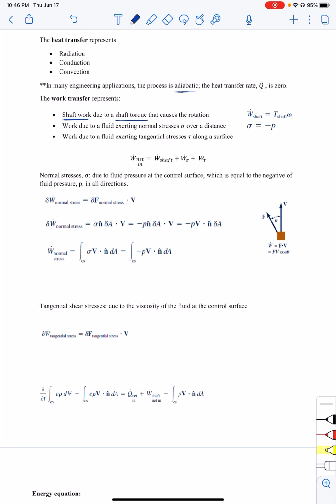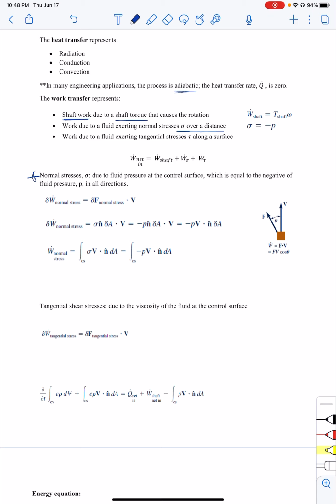Also, we have a work that is due to the exerting normal stresses over its distance, and this type of work is transferred across the control surface, which I'm going to explain more just here.